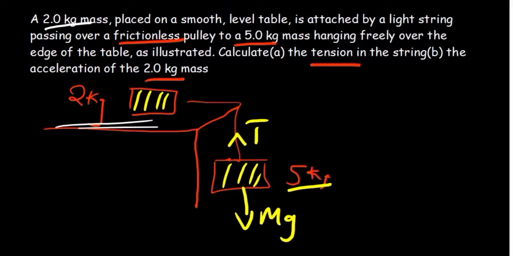There's no friction in the air. Then the one on top, we've also been told the surface is frictionless, so there's no friction, meaning there's no force pulling it towards the left. But there's a tension making it move in this direction. So these are the forces that we have.